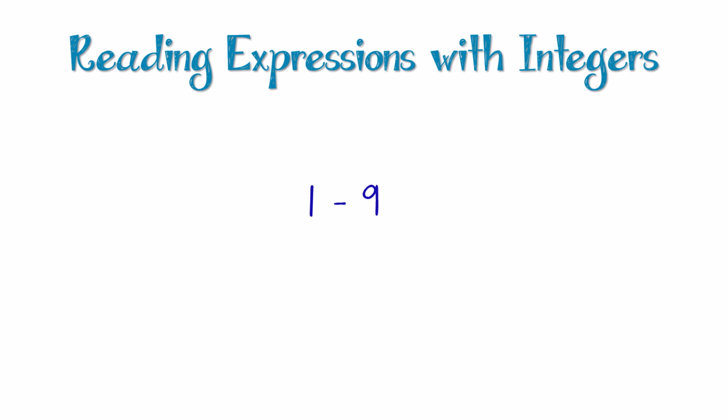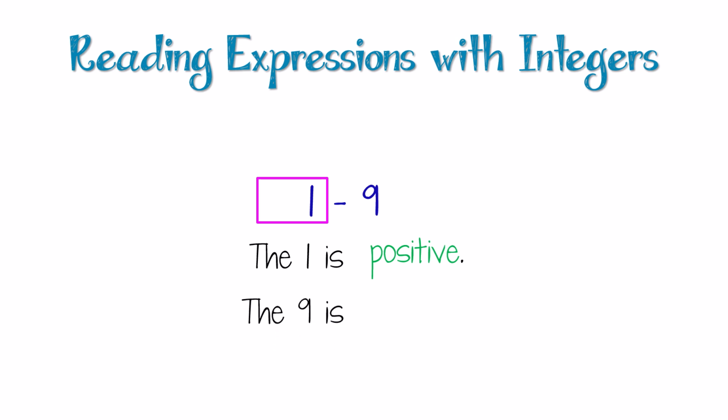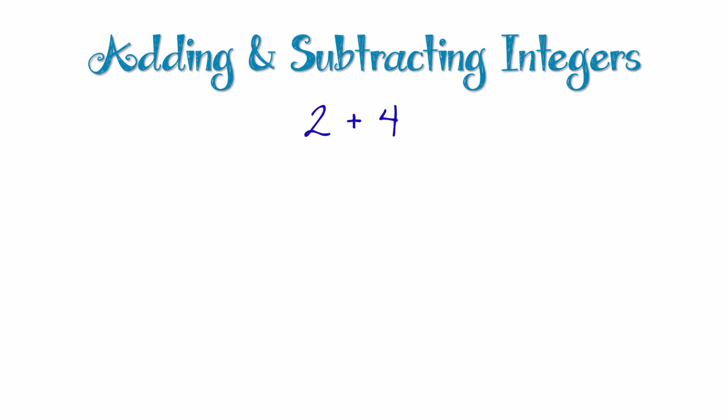Finally, in the expression 1 minus 9, what do you think the 1 is? The 1 is positive, since there's no sign in front of it. And the 9 gets the sign in the middle, so that makes the 9 a -9.